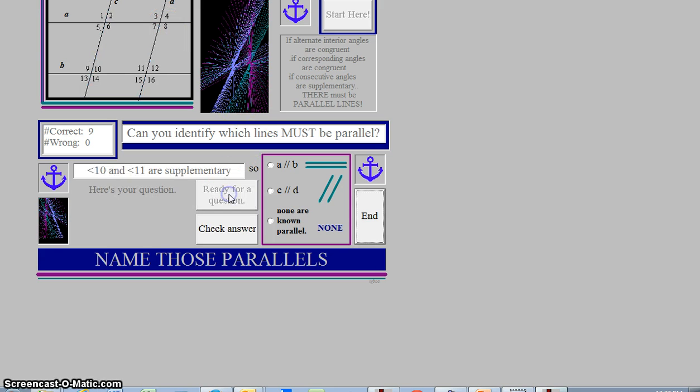So keep trying until you have 10 correct. 10 and 11 are supplementary when 10 corresponds to 12. That only happens when this group is translated onto this group, and that only happens with congruence when C and D are parallel.